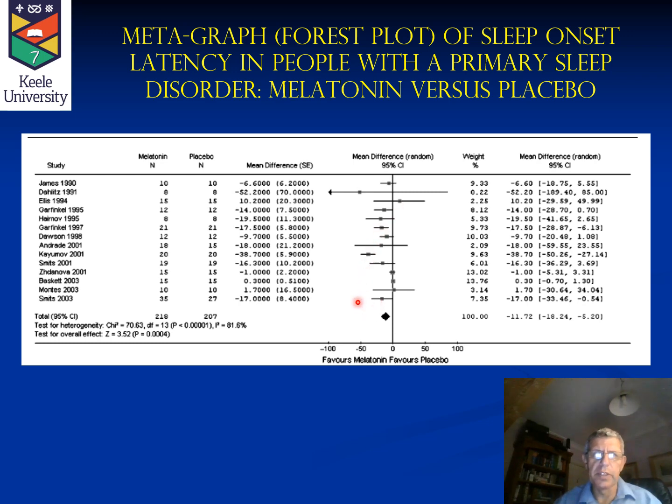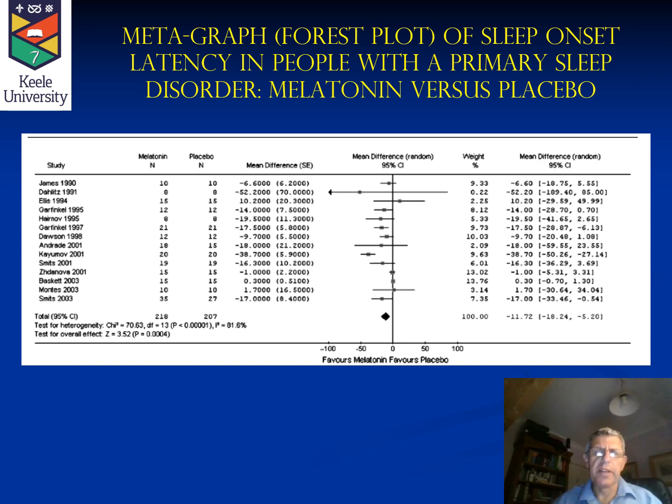But when we put all these together, you can see that it comes up with an average figure of nearly 12 minutes. So people who take melatonin get to sleep 12 minutes earlier. But we see that there's a lot of heterogeneity in the study. What does this mean?